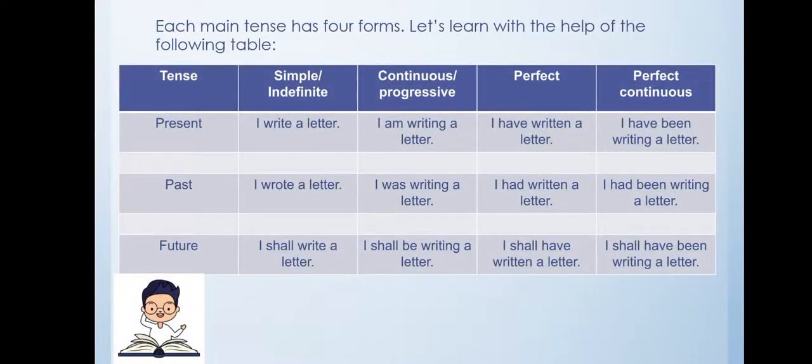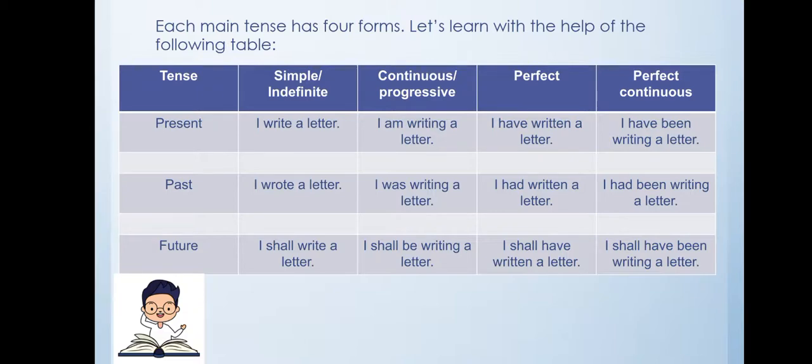So, each main tense has 4 forms. Let's learn with the help of the following table. Now, we have come to know about 3 main tenses, and those are present tense, past tense and future tense. And each main tense has 4 forms. Which are they?